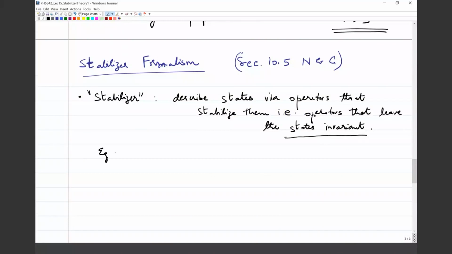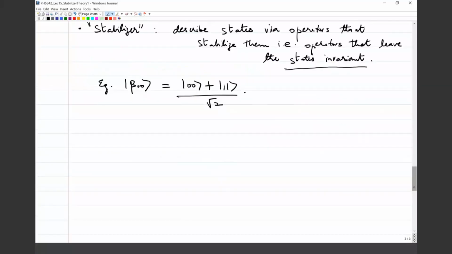So consider the standard Bell state. I hope you all still recall what this is. This is this 2-qubit entangled state, right? Now, think about what happens to the state under the action of what I will call x1, x2. Remember, this is nothing but x on the first qubit tensor x on the second qubit, right?